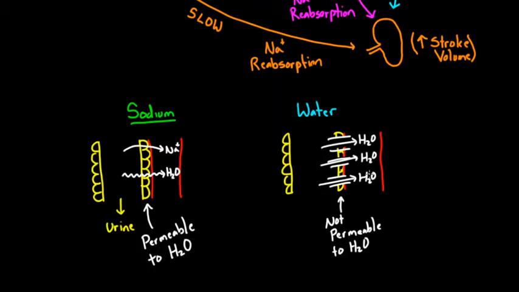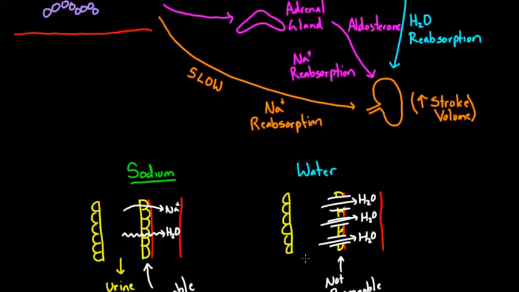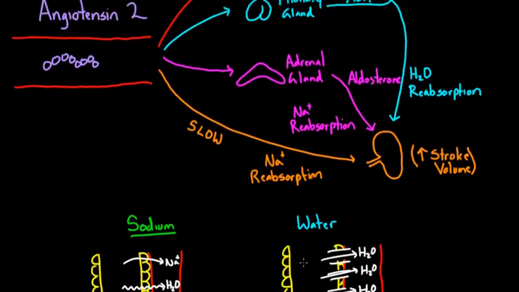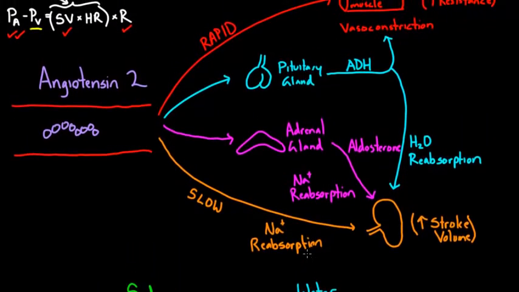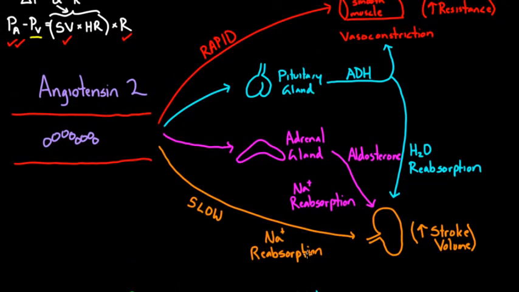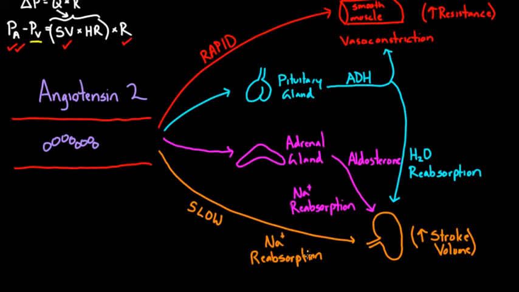So if it's initially not permeable to water, throw in a bunch of water channels and allow that water to get through using your own channels. And that's basically what the difference is. If you look at ADH versus the other two hormones, aldosterone and angiotensin 2, ADH is using the water channel approach because here, I'll write in red, where this works, the water is usually not permeable.